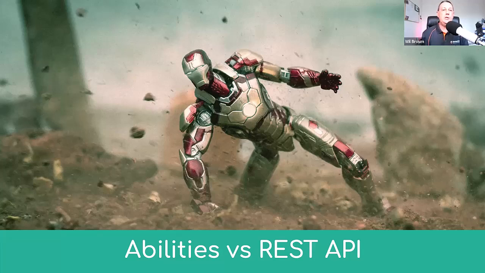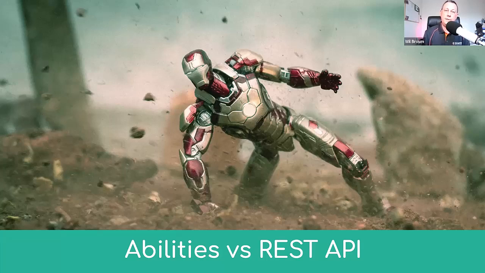The abilities API changes this completely. So abilities are tiny. They're bite-sized actions that only have to do one thing, and they're very safe. So for example, show me your latest post, create a draft but don't publish it, tell me your site health score, something like that. That's it. No extra powers, no wandering, no accidents.